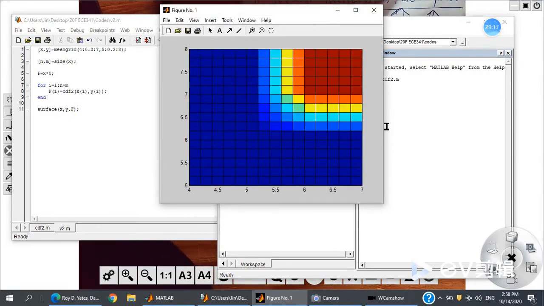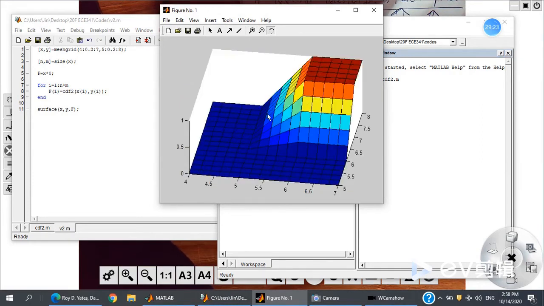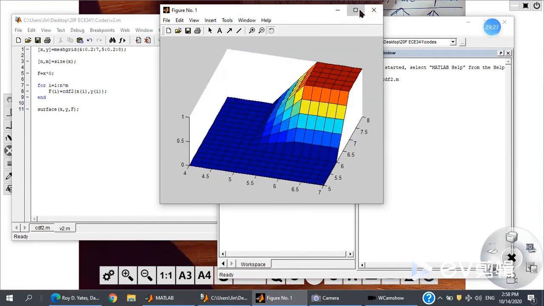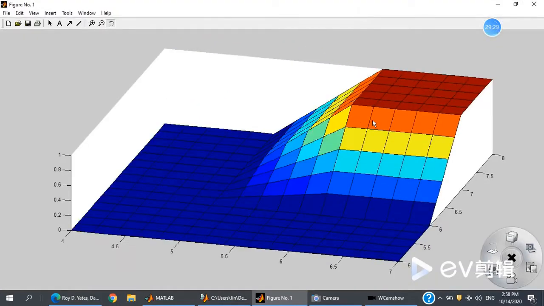Okay, this is the result. I can turn it. You see? Yeah, this is the CDF. We have surrounded it, it is 0. And when X and Y are large enough, it is 1. These two sides are 0.